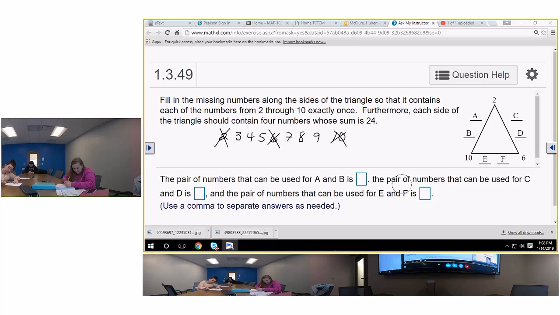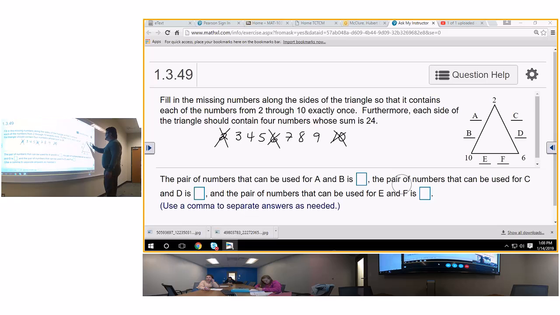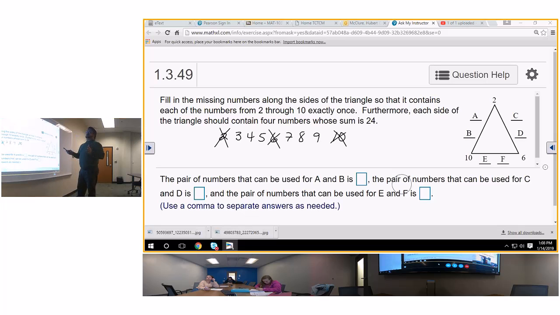So the way you set this up, and that's why this is a stupid question, is they don't tell you this information. They just assume that you know how to do this problem. This is not a side. This is an angle. But they're saying they're all four together. So that's why this is a stupid question.